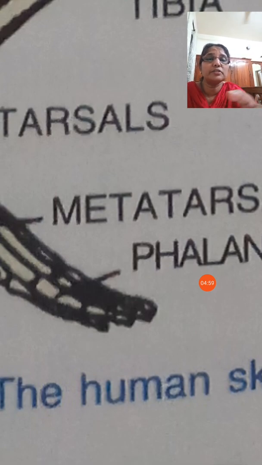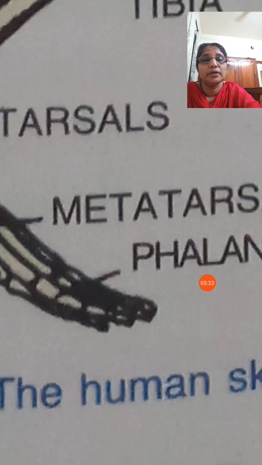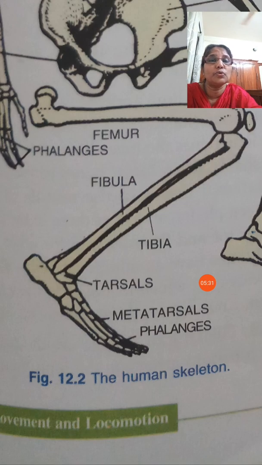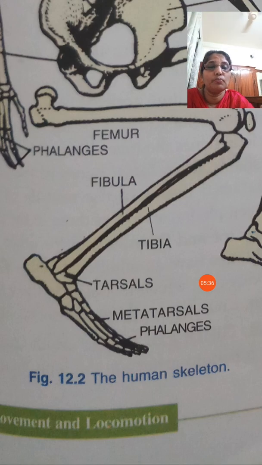All the other small toes have 3 bones each, even though they are smaller. The first larger toe has only 2 bones like our thumb. In the hand, the thumb is the smallest, but in the leg the largest toe takes the place of our thumb and has only 2 bones.